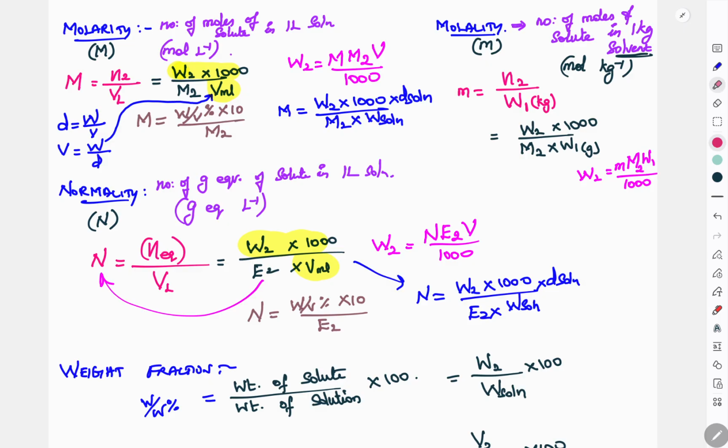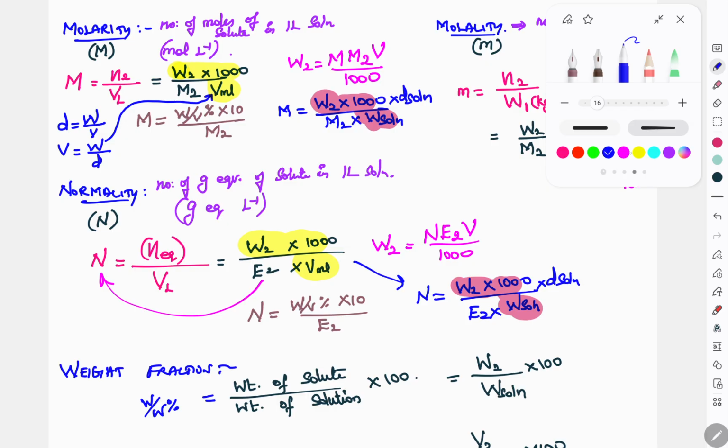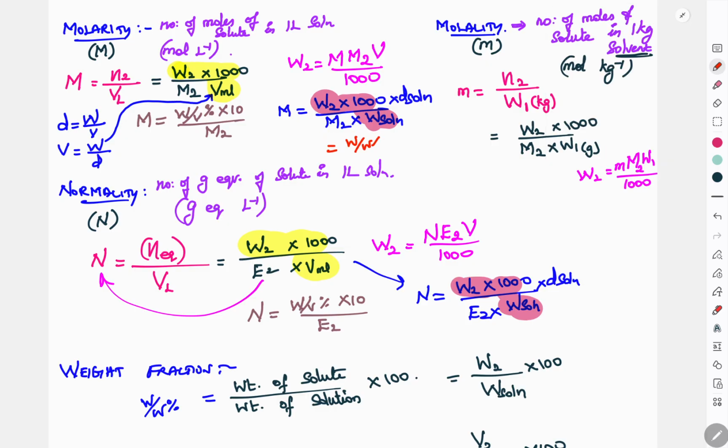Right, next. Now look at the formula. W2 into 100 by W. This is nothing but this. Similarly, W2 into 100 by W is nothing but the same. So what can I do now? Instead of this, I can write W by W percentage into 10 into density of solution divided by molecular weight.